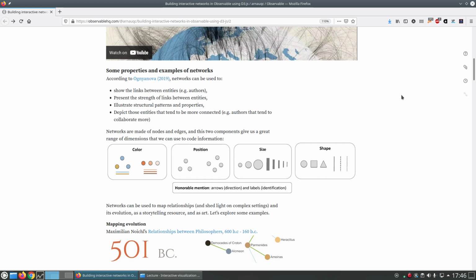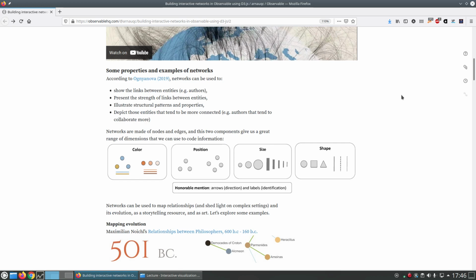When we connect two nodes with a link, also named an edge, the strength of these links can also be mapped by, for instance, visualizing the thickness of the link to map the relevance of the relationship between these two entities.